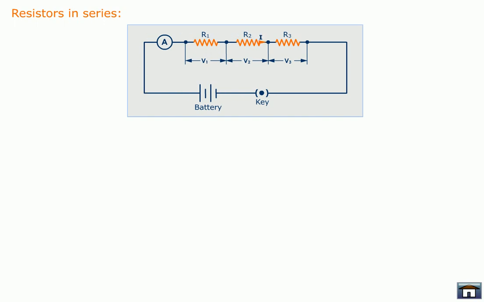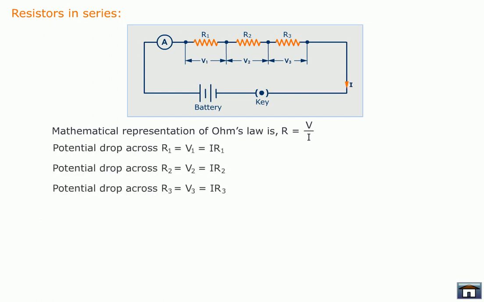According to Ohm's law, R equal to V by I. Therefore, here the potential drop across R1 is V1 equal to IR1. Similarly, V2 is equal to IR2. Similarly, V3 is equal to IR3.